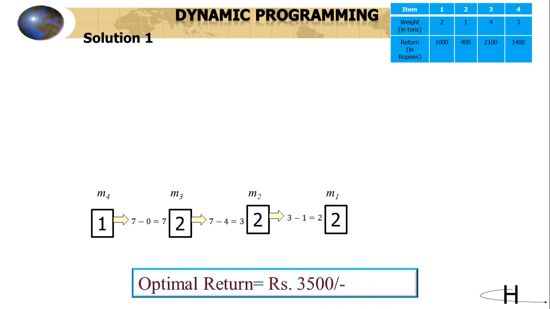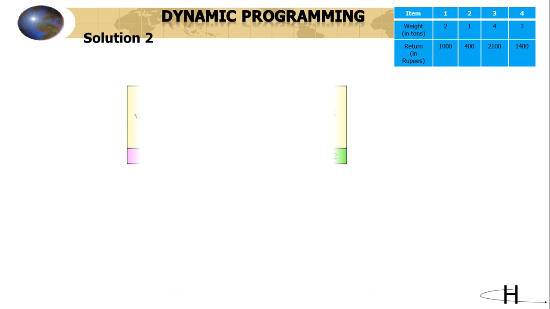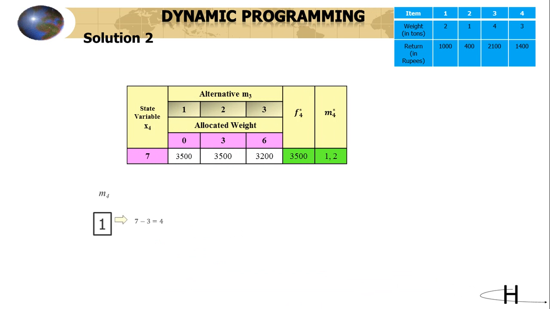Now similarly, the second solution will be, in stage 4, when I allocate weight 3 ton, the remaining weight in my hand will be 4 ton. With 4 ton, there is still weight in which I can load item 3, 2 or 1.